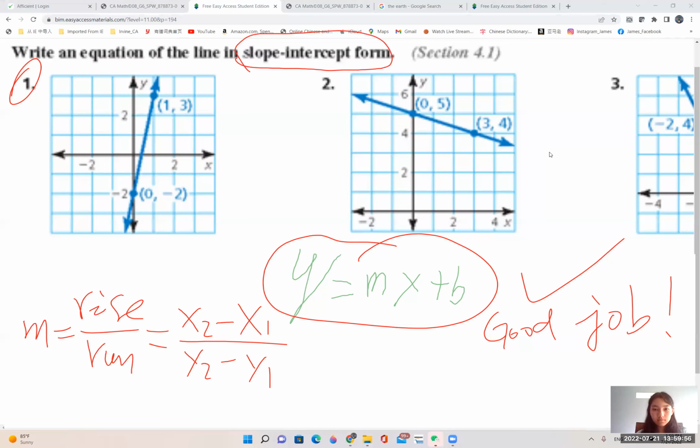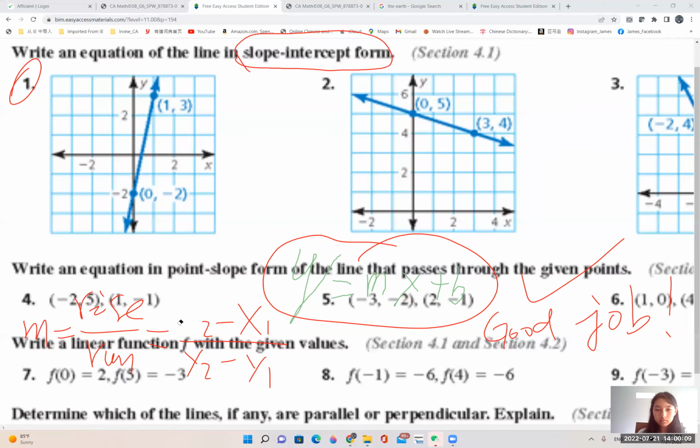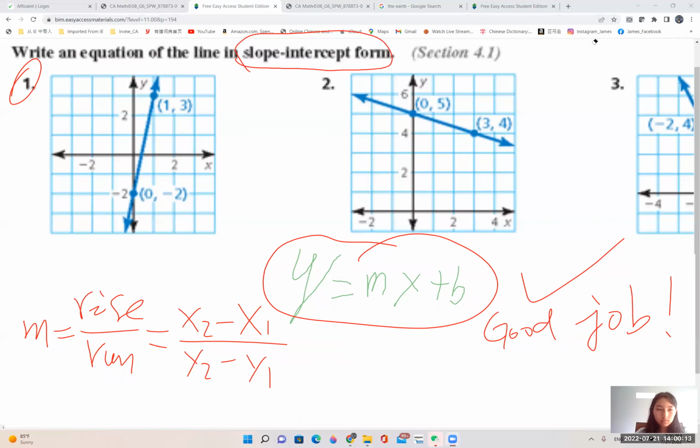Do you think it's correct? Don't hesitate to say no, it's not correct. It's not correct.